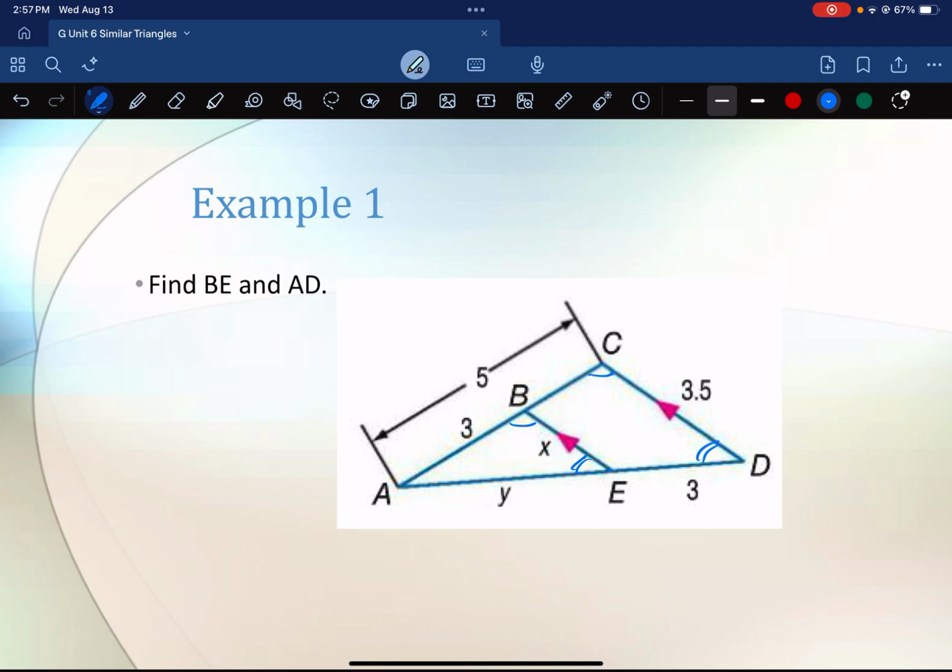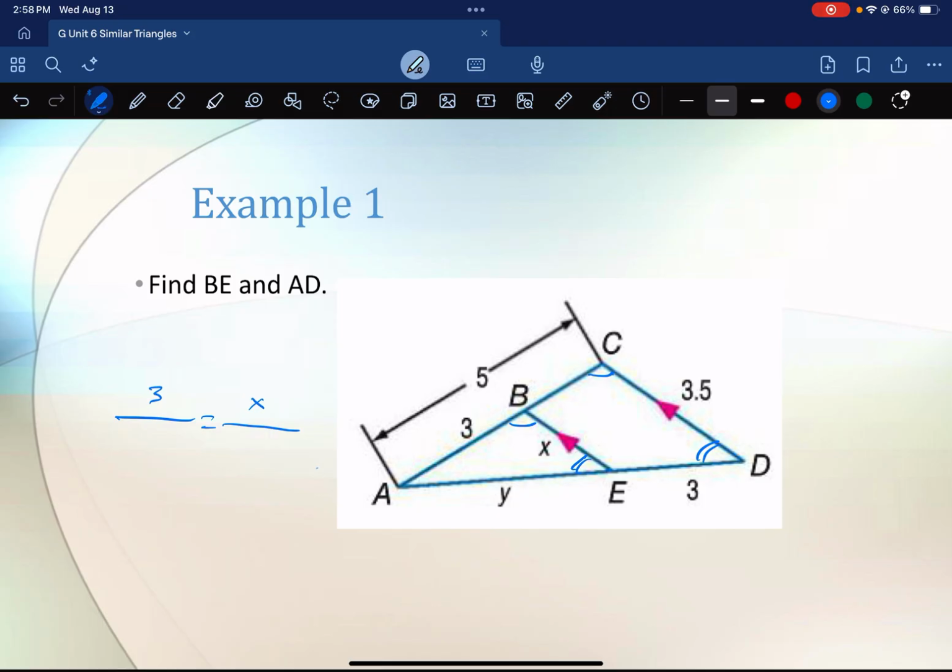So we can just make good proportions. If I wanted to figure out x, I'm going to use a side of the triangle that I know. I'm going to use 3 and x to write some proportions here. In the small triangle, I'm going to put 3 on top and then x.